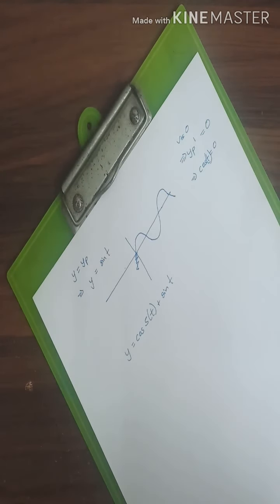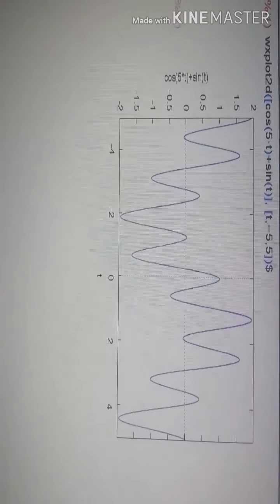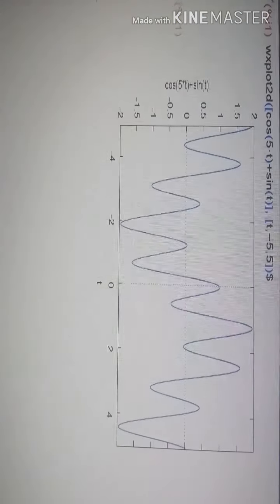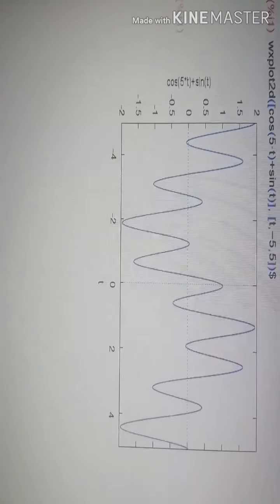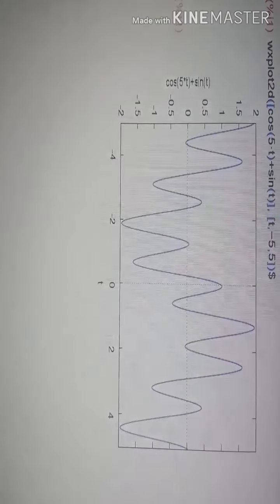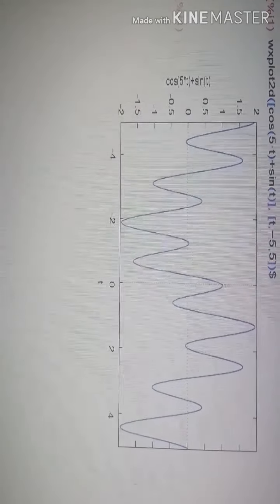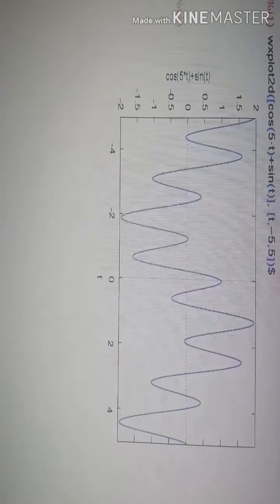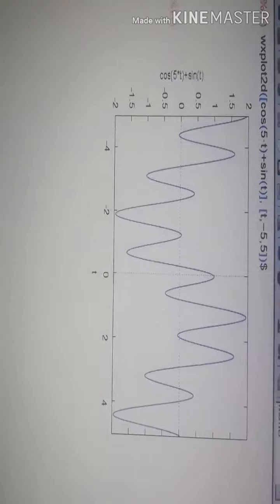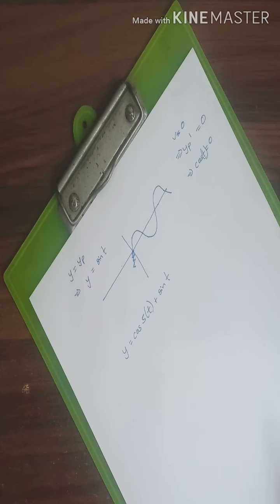So let me take the camera there. As you can see, this would be the plot for our solution curve. So yeah, that's it. That's my solution for the third question.